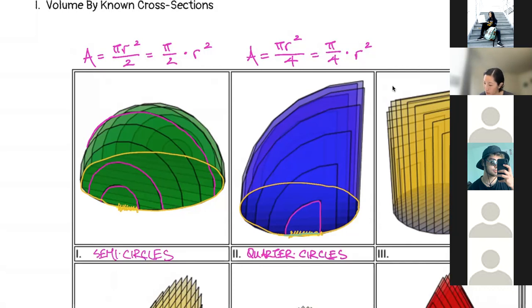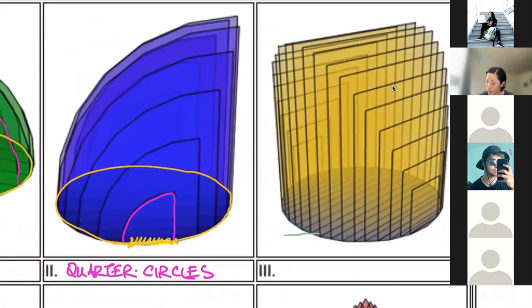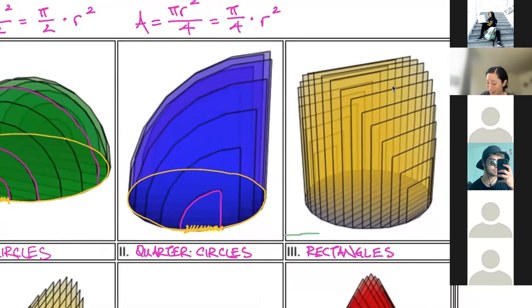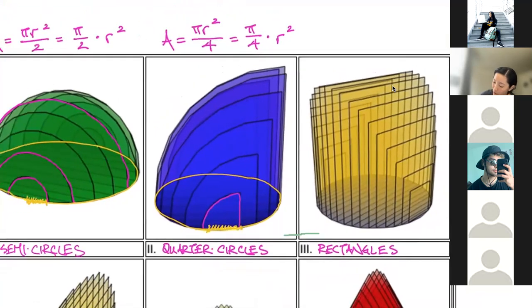All right, let's move on to this third one. What shape in the yellow would you say these cross sections are? Rectangles, there we go. Okay, all right, so rectangles, and the area formula for a rectangle.